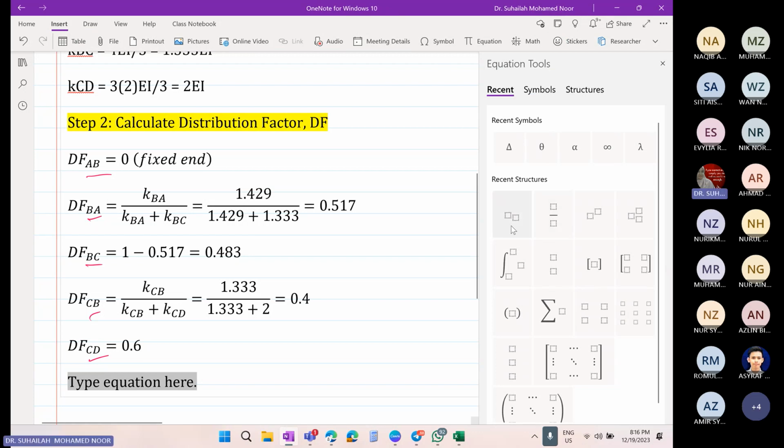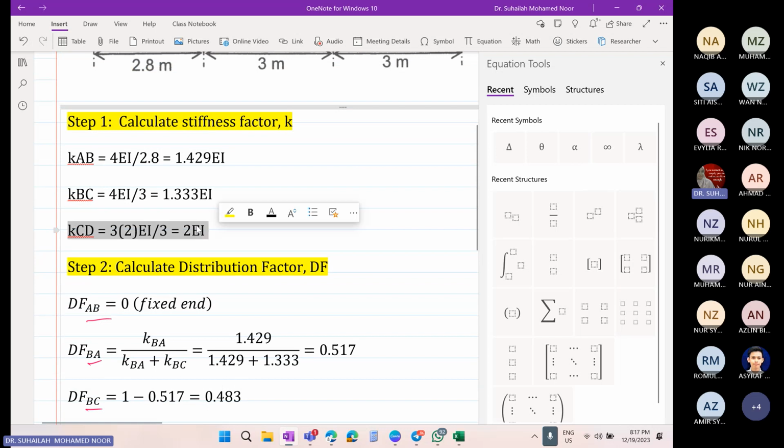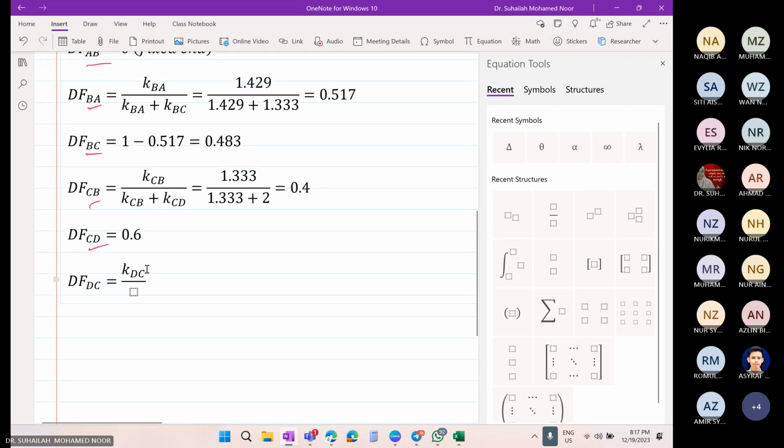DFDC is KDC divided by KD, that's the formula. KDC is the same as KCD.